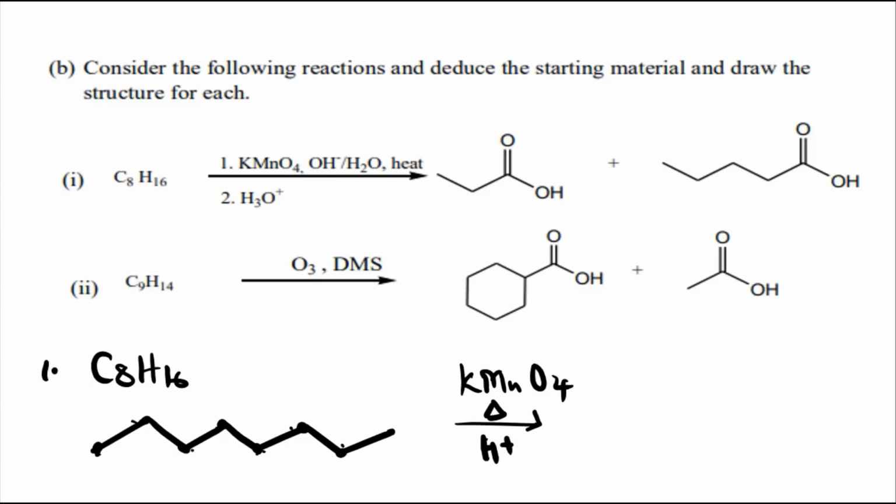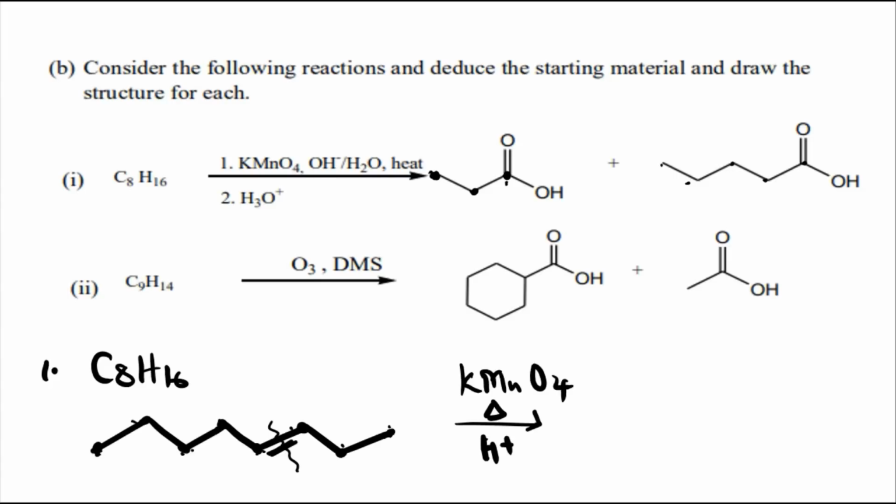Now this acid has got carbon number 1, number 2, number 3, meaning that the double bond was on carbon number 3. Because if you cleave it here, then you're going to make this. And then the other one should have 1, 2, 3, 4, 5.